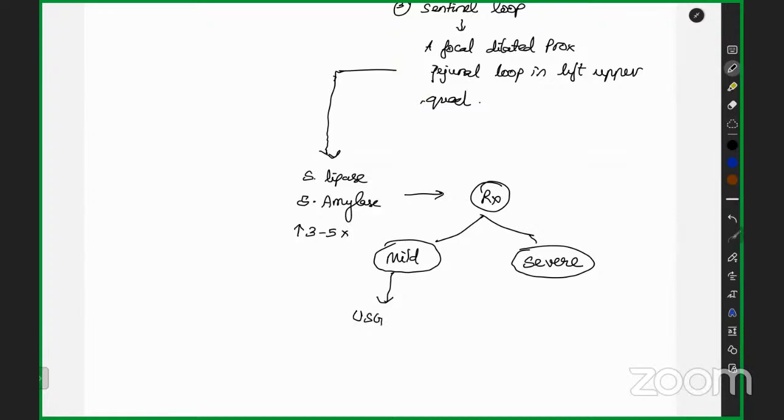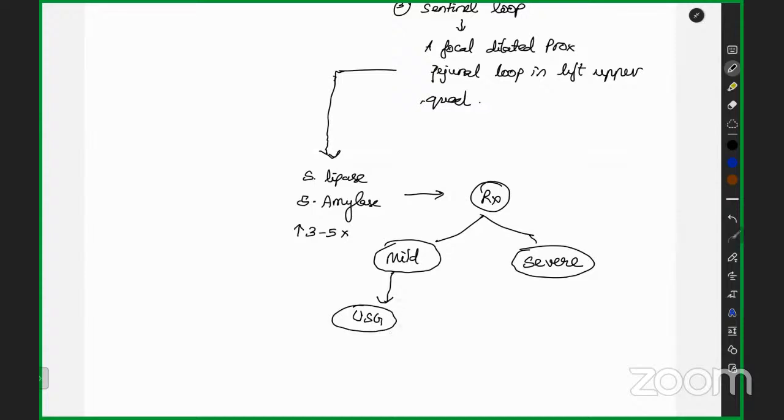Many people will think you can go directly to CT, but you're not going to. You're first going to do the USG, ultrasound.